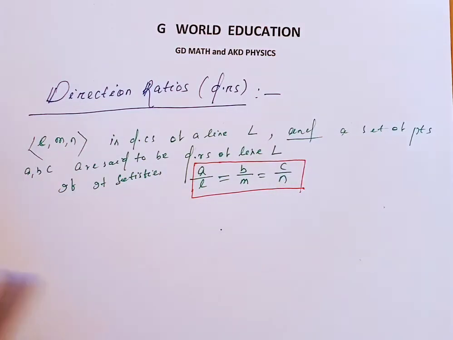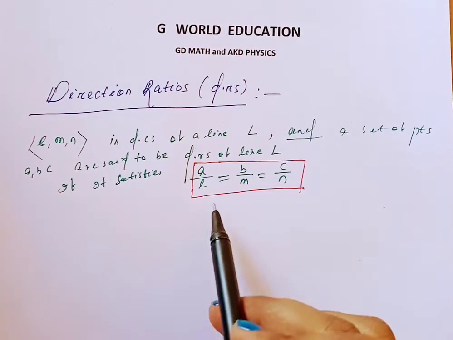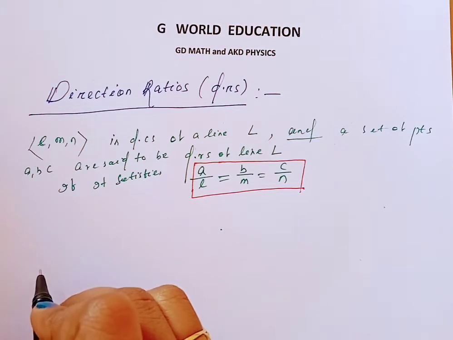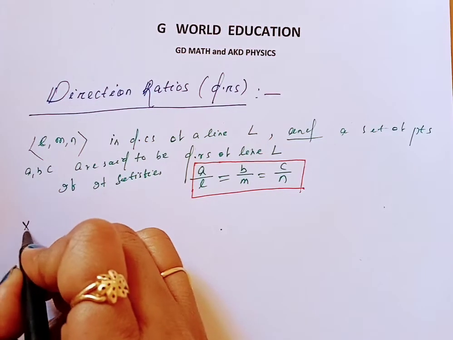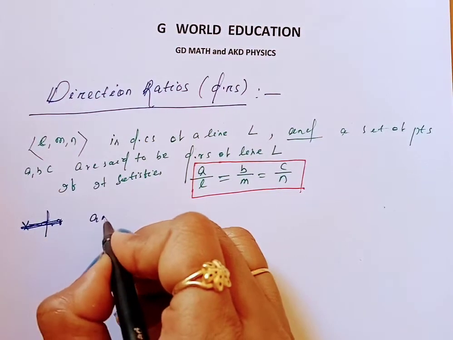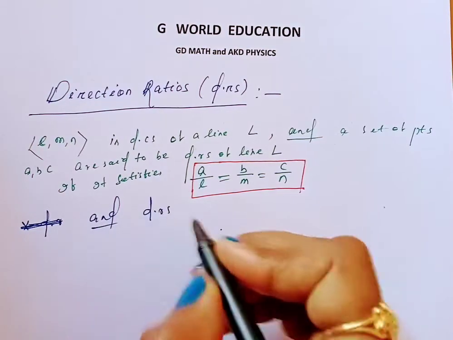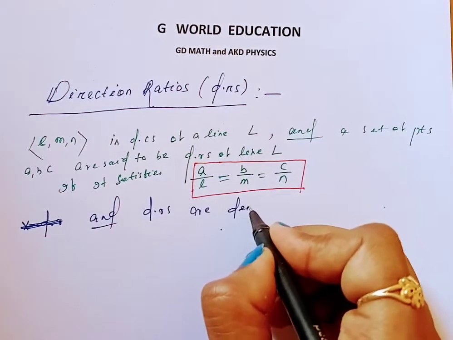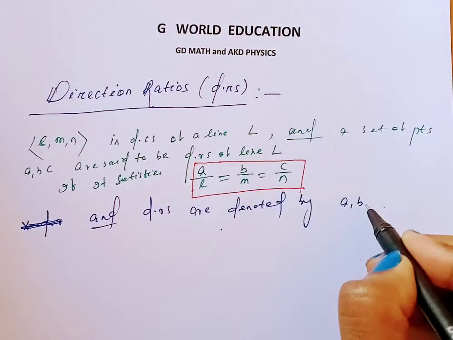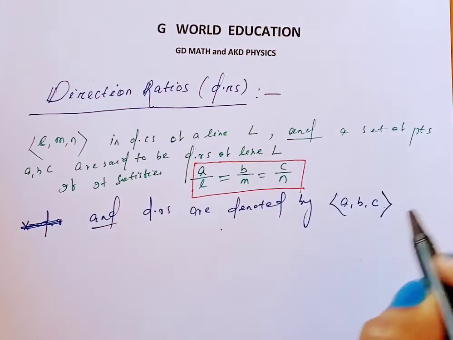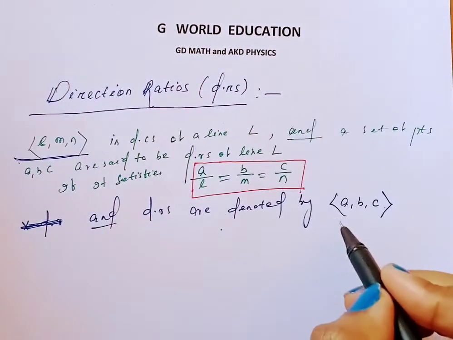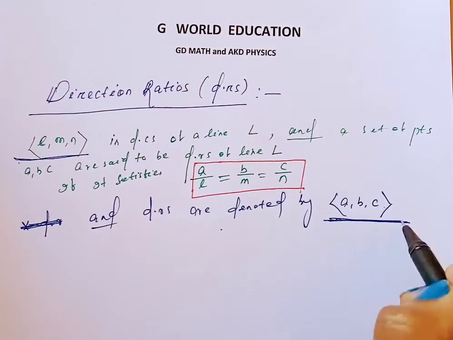Since direction ratios are proportional to l, m, n, there are any number of proportionalities. Direction cosines are denoted by l, m, n, but direction ratios are denoted by small a, b, c.